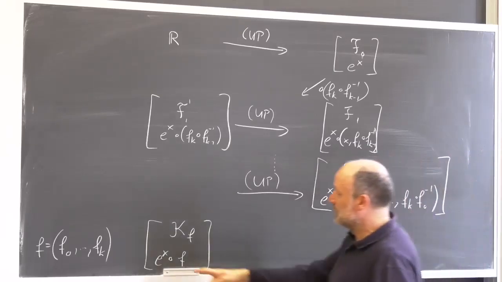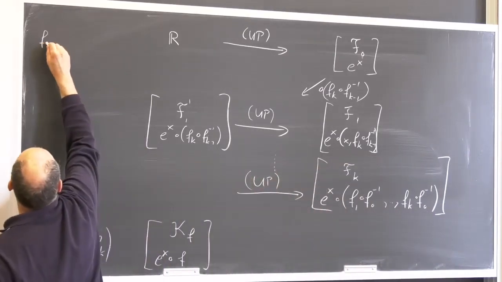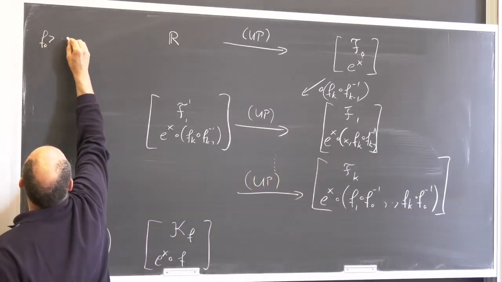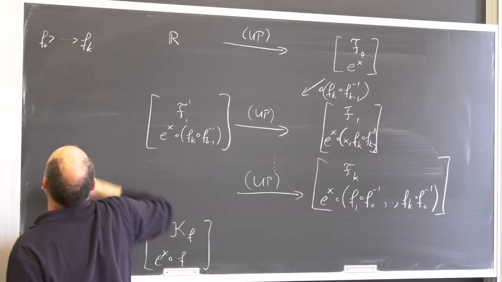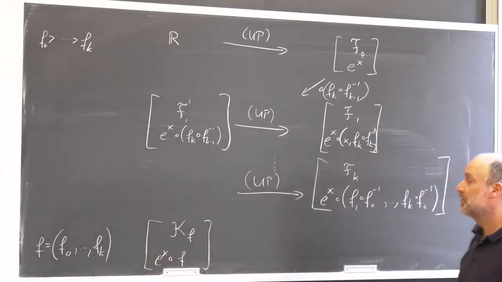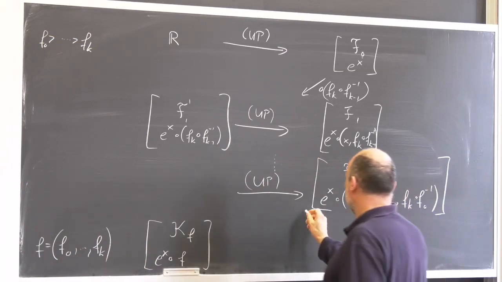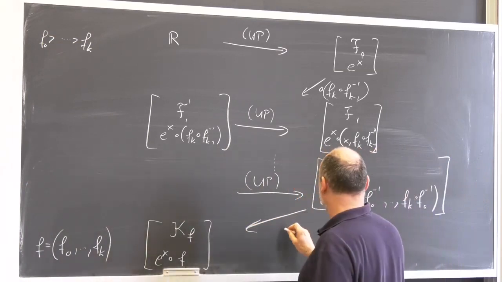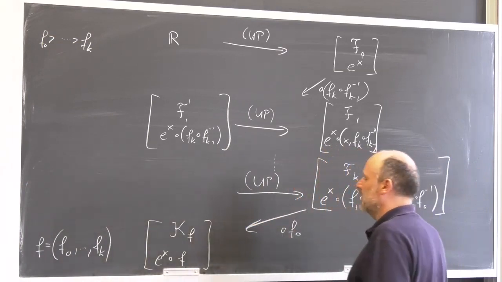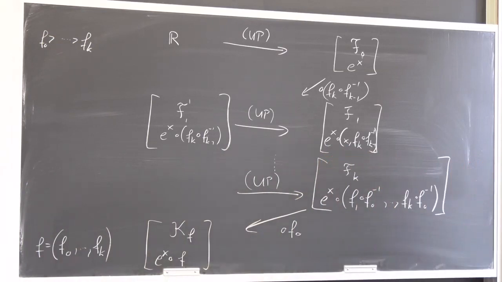And that's always assuming that f0 is the smallest one. Right, so that's what I would like to do. So there's one more thing to compose on the right, which is f0. Then I would end. Right, that's the thing that we wanted.